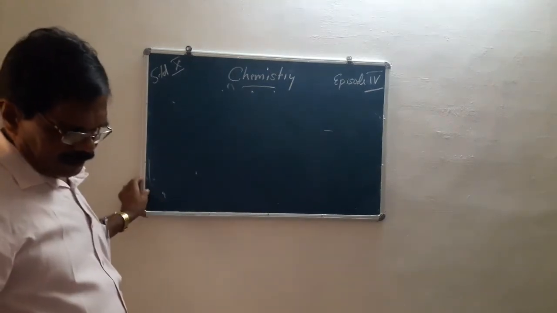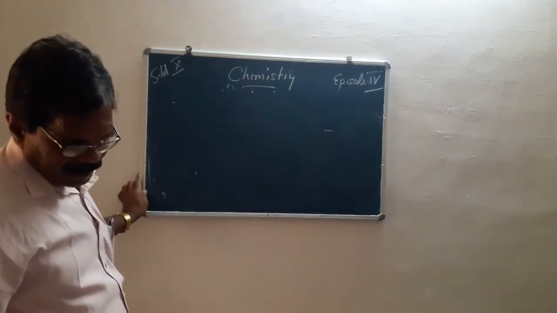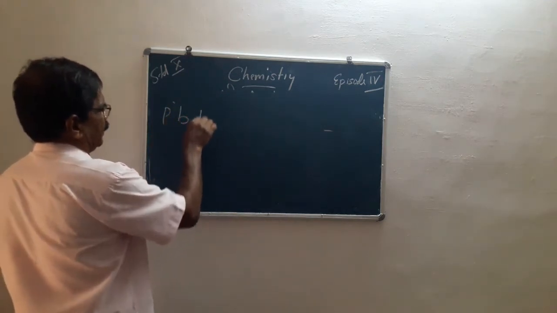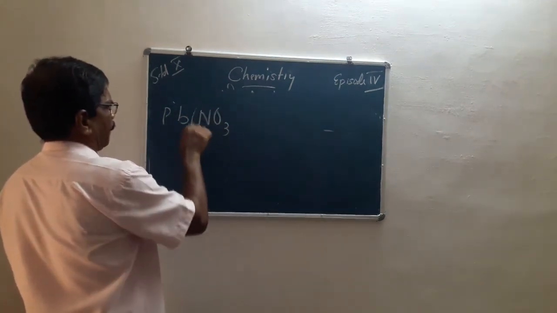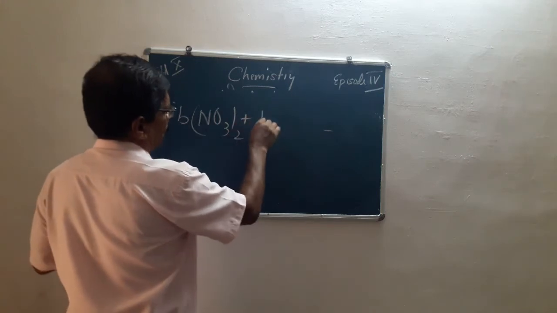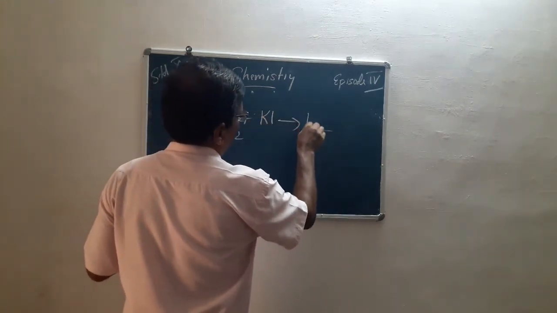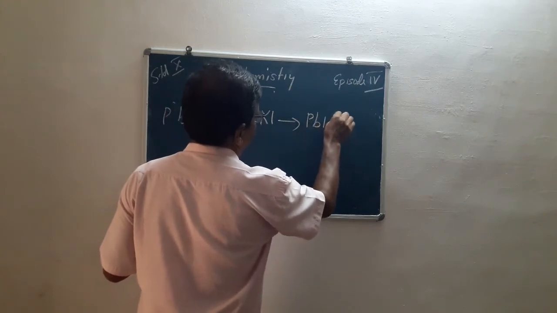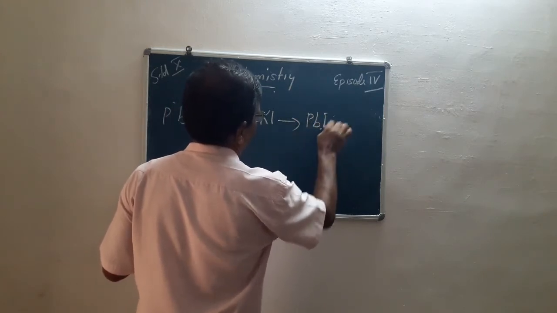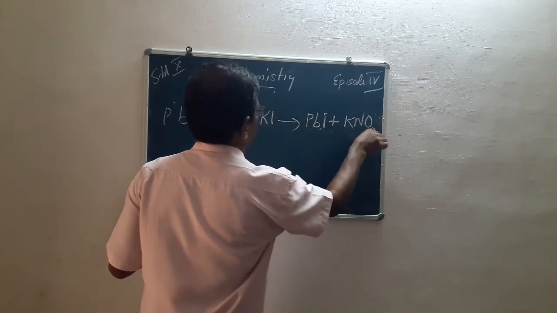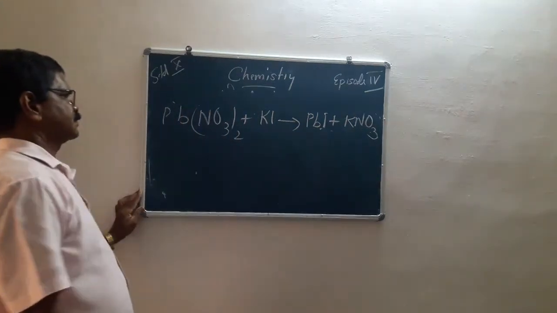What happens when lead nitrate is added to potassium iodide solution? Lead nitrate plus potassium iodide forms lead iodide and potassium nitrate.